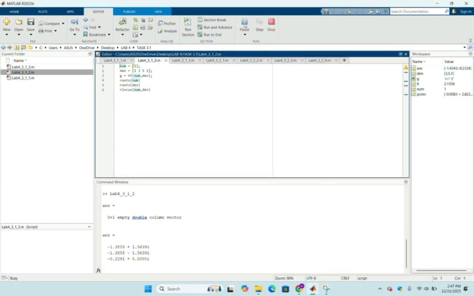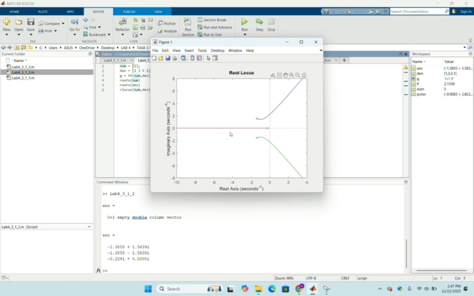I run it, and this is my graph. In this graph there are three poles, 1, 2, 3, and no zeros, and three infinite zeros, 1, 2, and 3.